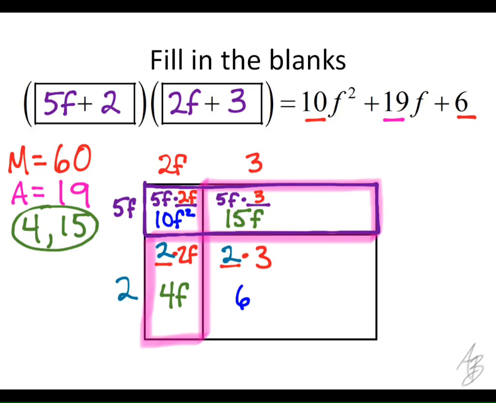We would have gotten the same answer, except that the parentheses would have been flipped, and we would have gotten 2F plus 3 times 5F plus 2 instead. So it's the same thing, just a different order. It doesn't matter which one goes where. If you do flip them, you're going to get the same answer. It's just going to be in a different order.